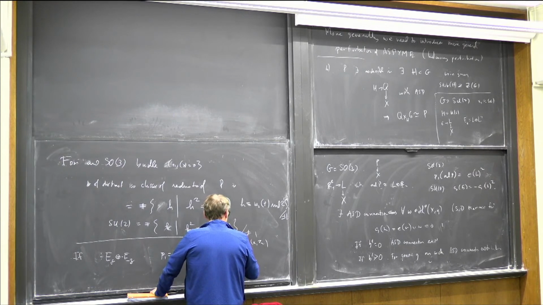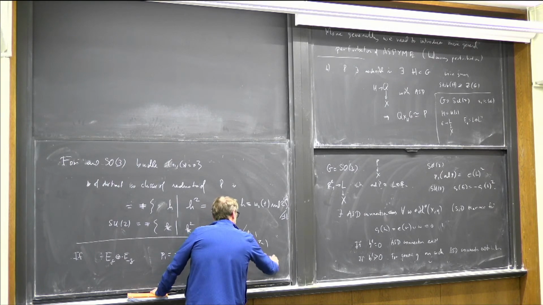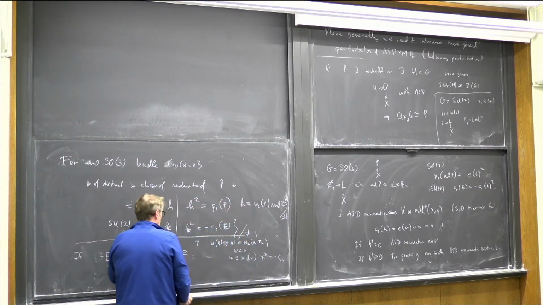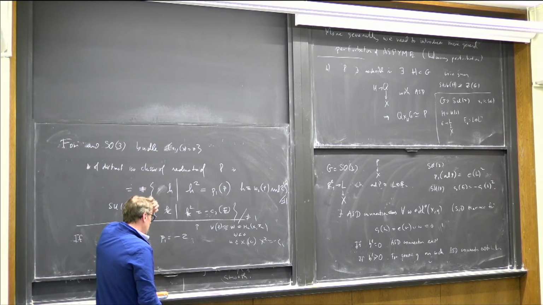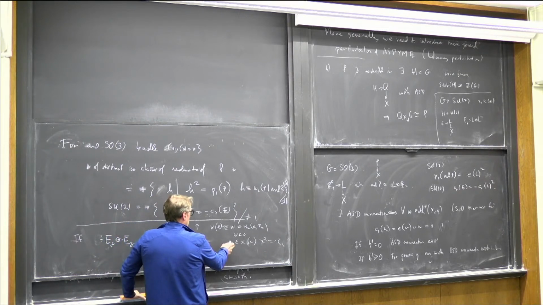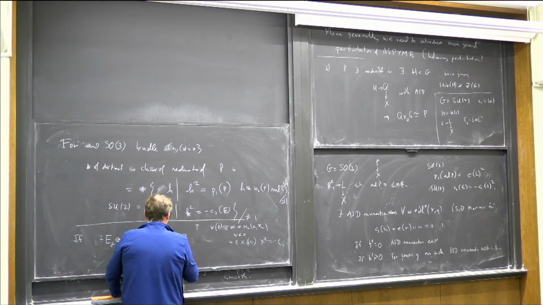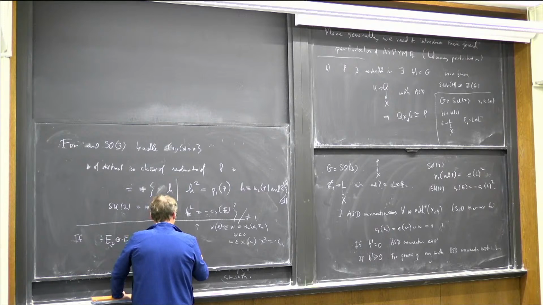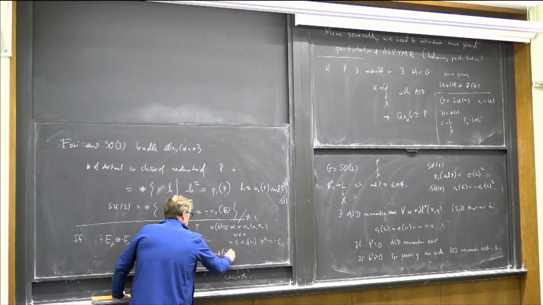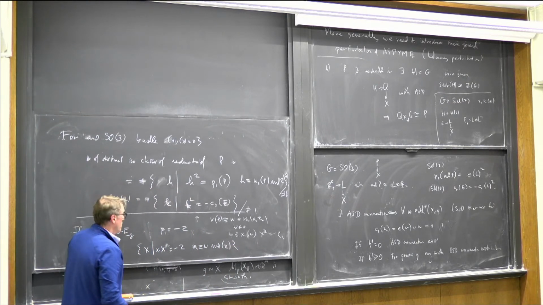Which is equal to the mod 2 reduction of something that has square minus 2. And now you ask yourself the question: what are all solutions to the equation? Let's look at x so that x dot x is minus 2, and x is congruent to W mod 2.